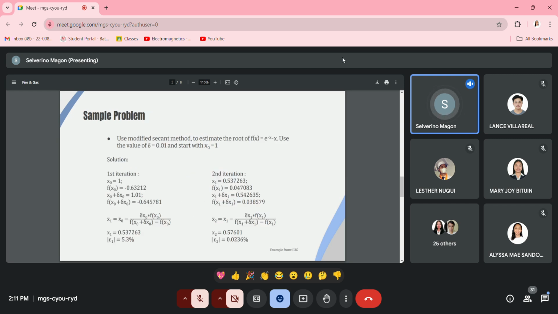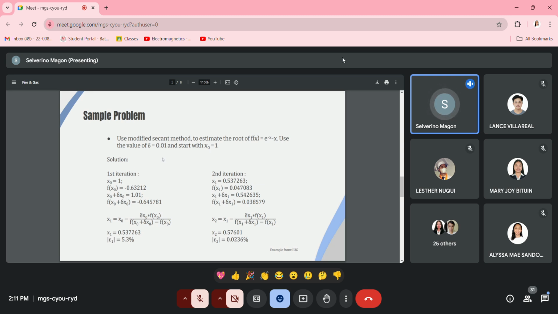Okay, so let's try to demonstrate this using a different problem here. Okay, so we want to solve for the root of this function here, e to the negative x minus x, starting with an initial guess of 1 and the perturbation fraction delta at 0.01.